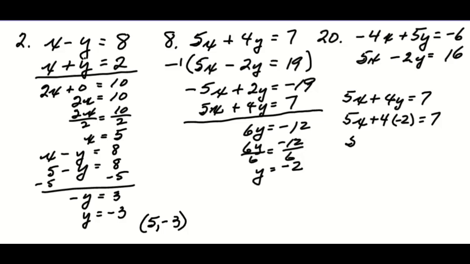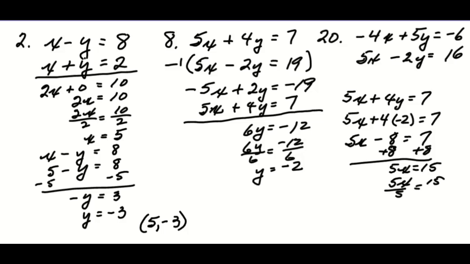I have 5x minus 8 equals 7. Add 8 to both sides, and what I get is 5x equals 15. Now if I divide both sides by 5, I get x equals 3.